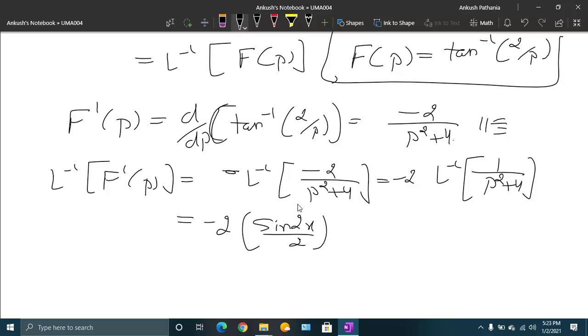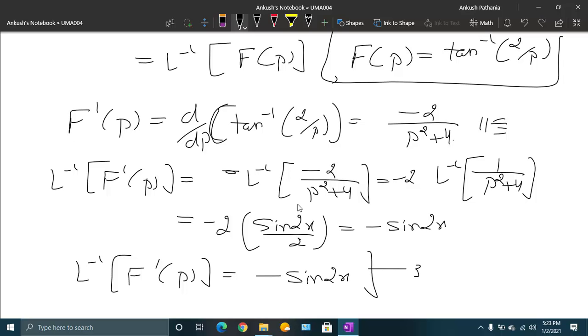So this is simply minus sine 2x. So I got Laplace inverse of f dash p is equal to minus sine 2x. This is equation number 3.